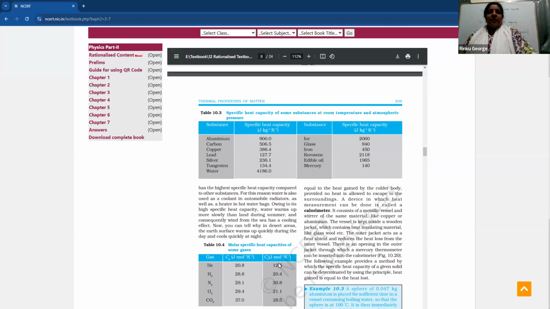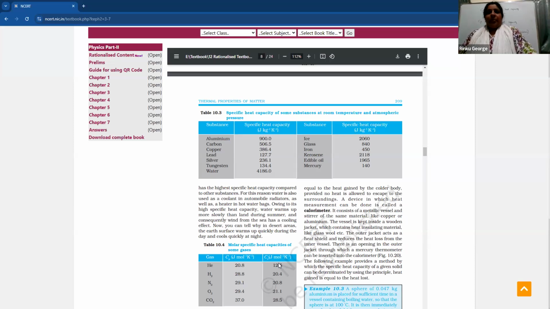Owing to its high specific heat capacity, water warms up more slowly than land during summer. During summer season, sea will be cooler than land due to this high specific heat capacity. Consequently, in winter or in night time it will actually be hotter, because atmosphere is much cooler.